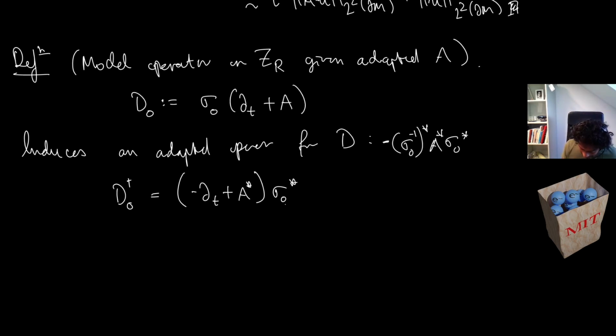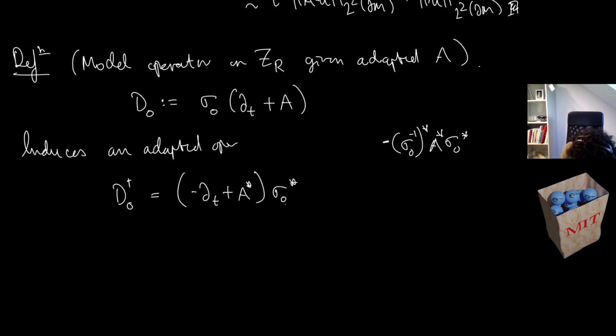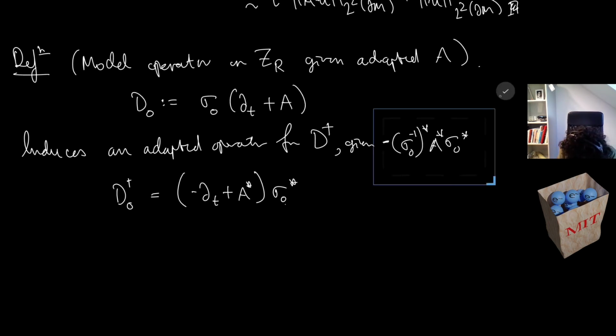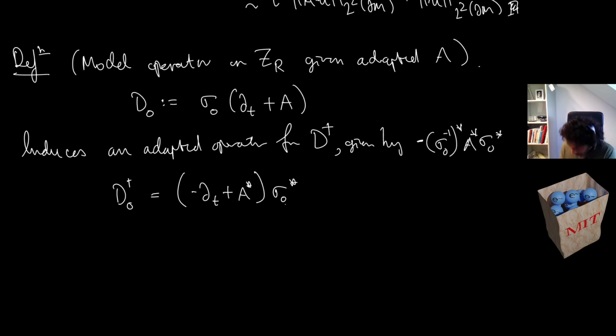No, this is an adapted operator for D, right? Sorry, this induces an adapted operator for D dagger, given by that. So maybe A tilde equal to this, right? Given an adapted operator A, where we can look at a model operator, this induces an adapted operator for D dagger.